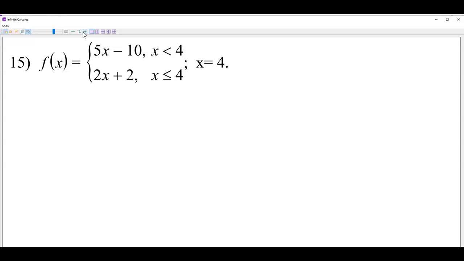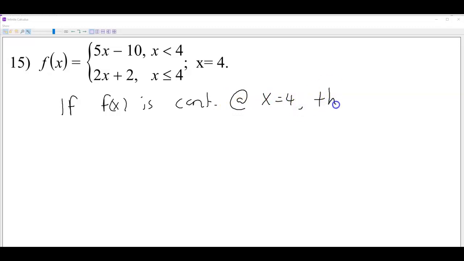So the question here is, is this function continuous at x equals 4? Okay, so once again, this is going to be handled actually quite similarly to the last one. It's just the final way we answer it in the end is a little different. But if f of x is continuous at x equals 4, then we know the following things would have to be true.